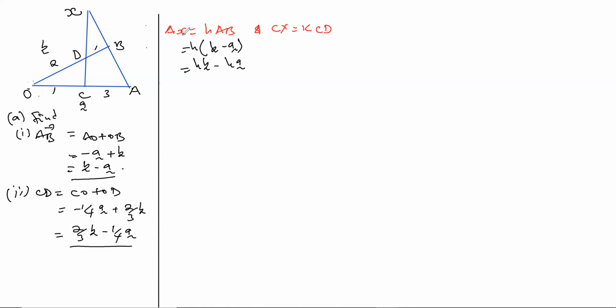So I've simplified AX here. Again, I simplify this other value, CX. CX is kCD, and you got the value of CD, it's here. CD is the same as 2 over 3B minus 1 over 4A. If you simplify this, you get 2 over 3 kB minus 1 over 4 kA.